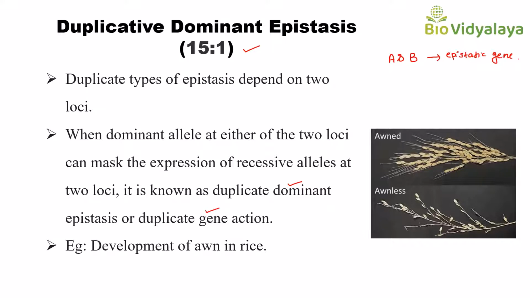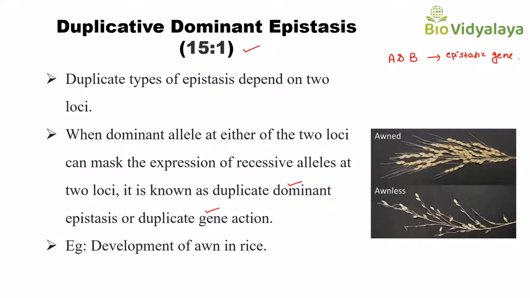So here, the dominant form of either of the two genes can mask the expression of the recessive form of the other gene. That is called duplicate dominant epistasis.